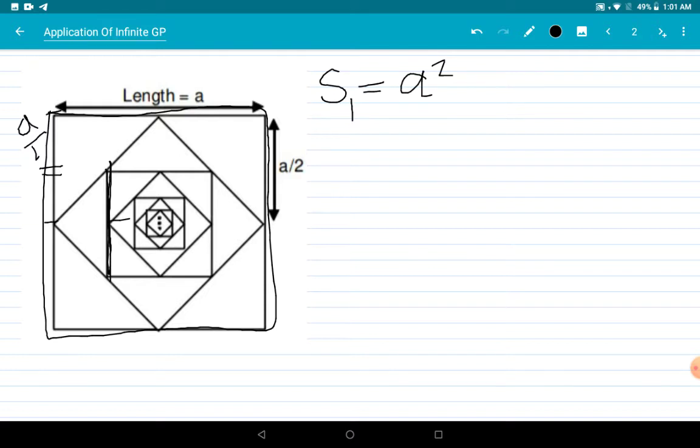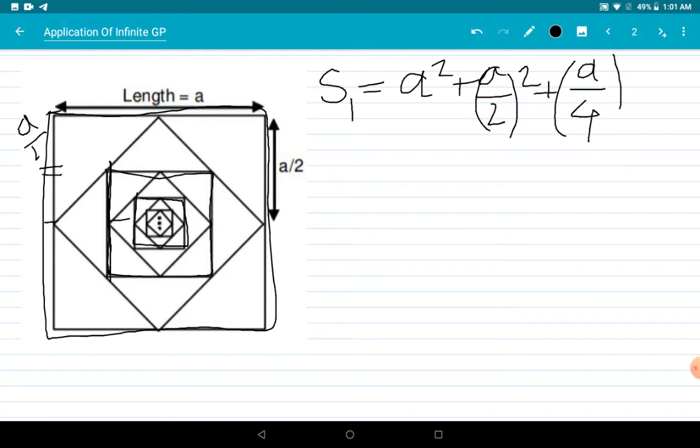So the area of this small square will be what? (a by 2) the whole squared, right? Similarly, the internal small square will be (a by 4) the whole squared, and so on and so forth. We will keep on adding these parallel squares up to infinite terms, right?